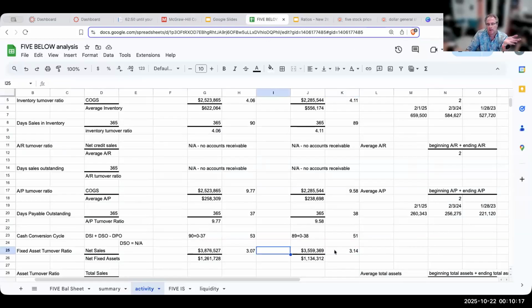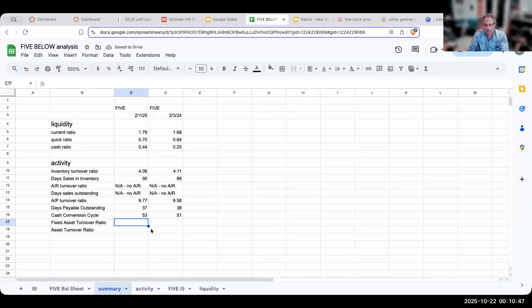Since this is declining, but not by very much, you could say that maybe we're not as efficient in using our fixed assets, although the difference here is pretty negligible. It declined by 0.07, and if we looked at it as a percent, it's only declined by basically 2%. So again, it seems to me to be pretty negligible.